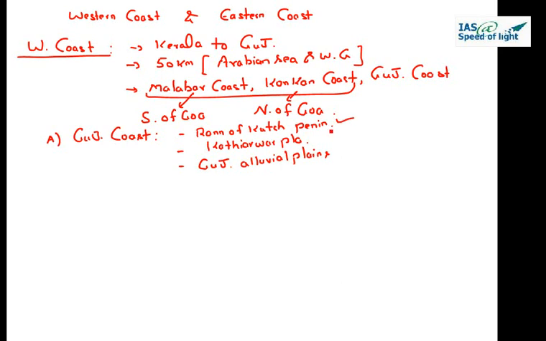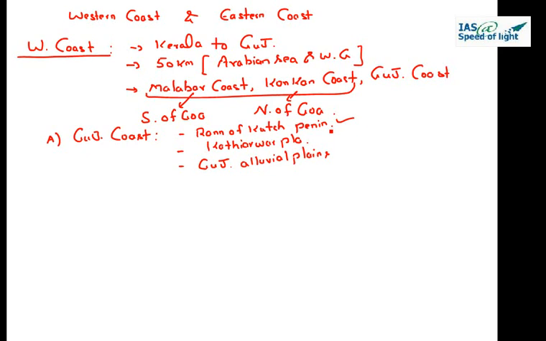Then coming to the Kathiawar Plateau, it lies south of Kutch, with the central part consisting of highlands which we call the Mandav Hills. Mount Girnar is a very famous mountain, approximately 1200 meters, the highest point. The famous Gir range is also located in the southern part of the Kathiawar Plateau.